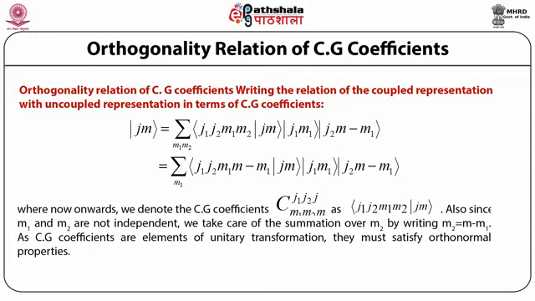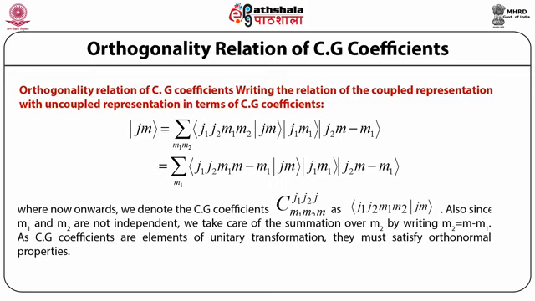This gives us the result: summation over m1 of <j1 j2 m1 M−m1|J M> |j1 m1> |j2 M−m1>.